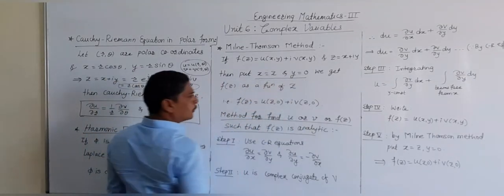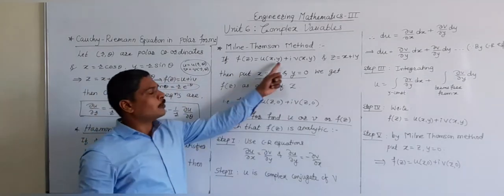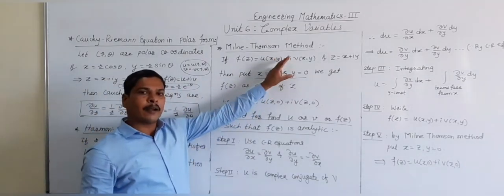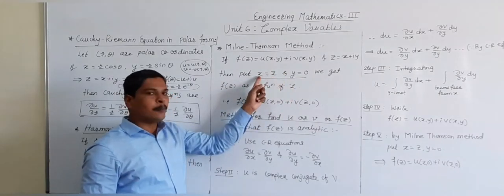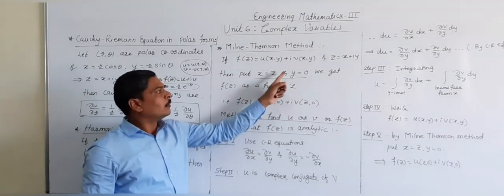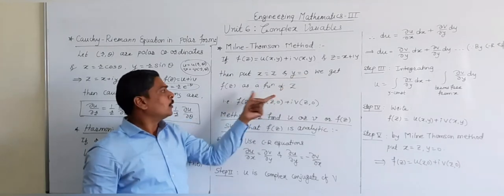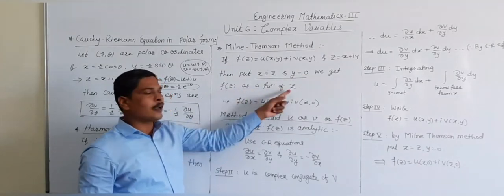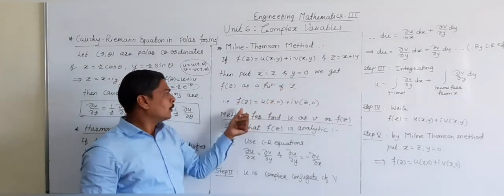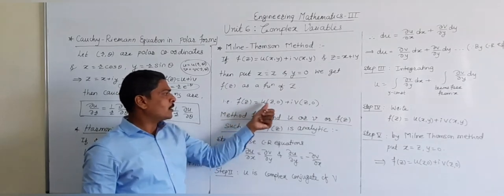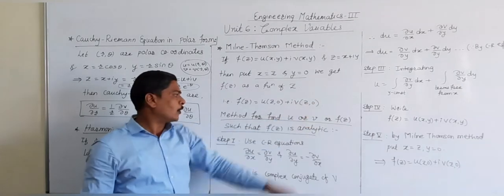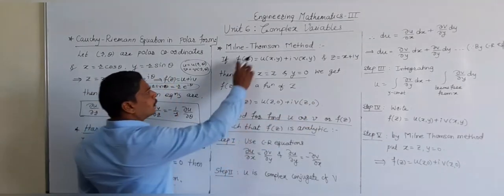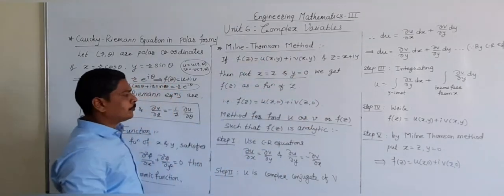This is important. f of z is a function of x and y, so we need to write this function in terms of z, and for that we replace x by z and y by 0. In that way f of z is equal to u of z comma 0 plus i times v of z comma 0. So this is the Milne-Thomson method.